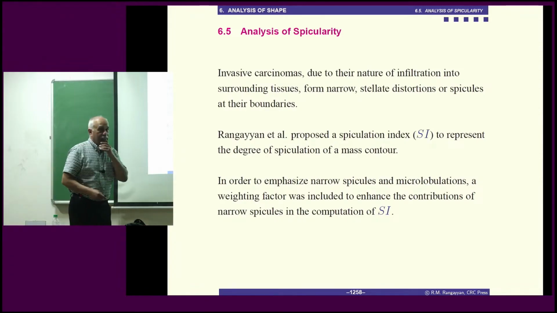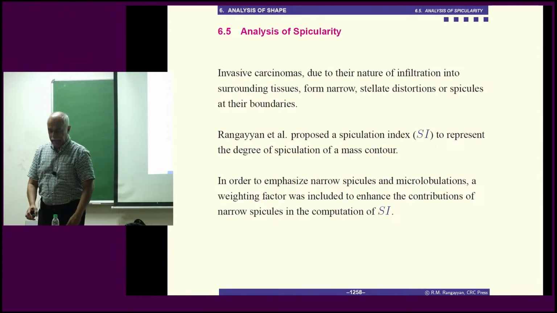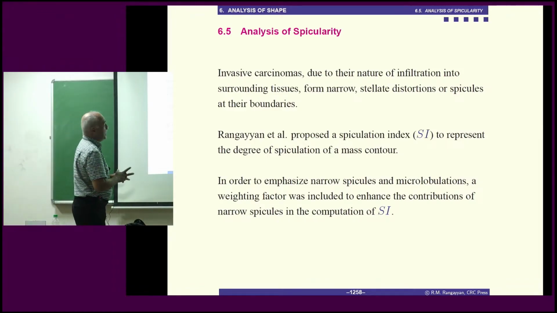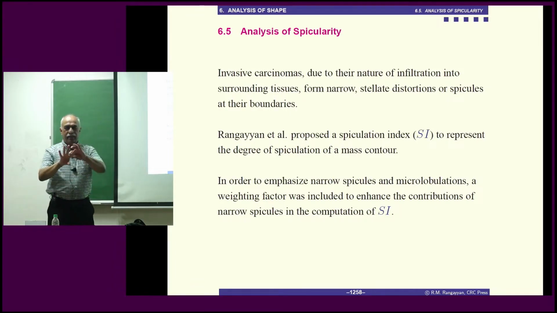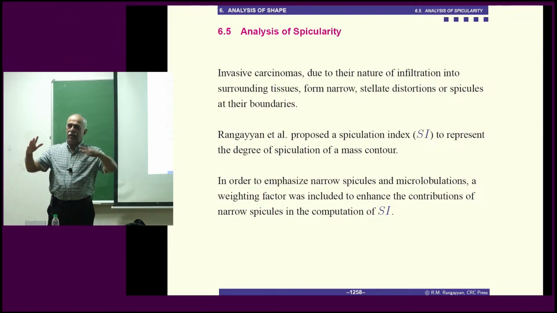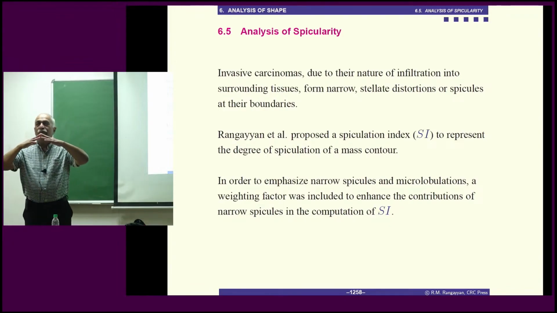So let's look at another feature that one of my students, Naga Mudigonda, developed as part of his PhD work: analysis of spicularity. We said malignant tumors have these spicules. The longer the spicule and the narrower the spicule, the stronger the indication of malignancy. Broad ones are not spicules, but macro lobulated contours, if you want to call that a spicule, and they won't be long.